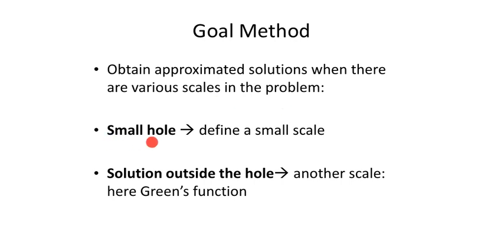So here is an example where you can have a small hole that defines one scale, and you have also the solution outside this small hole. So let me give you an example. Suppose here you have a small hole and you have another one which is well separated, so let's call it small hole 1, and this is small hole 2.